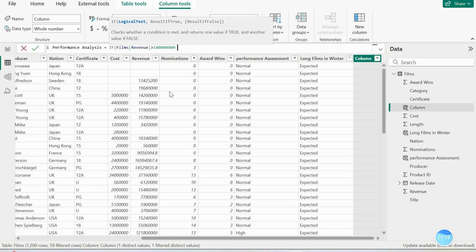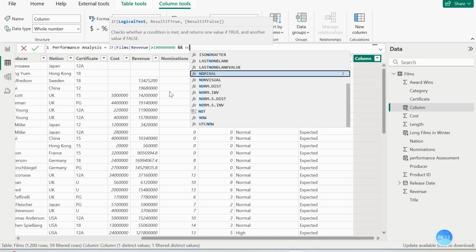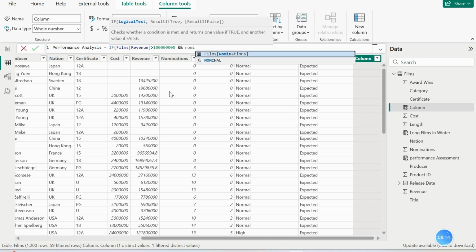We have to use the ampersand as the link, to link the different texts or indicators. The nominations are bigger than 3 times. At the same time, we also use another indicator, Oscar wins, award wins, equal to or more than 1 time.